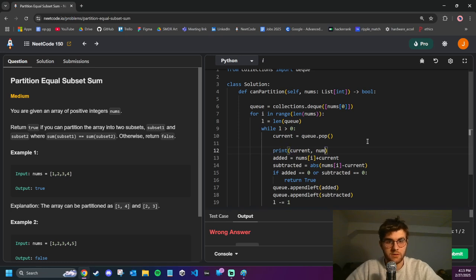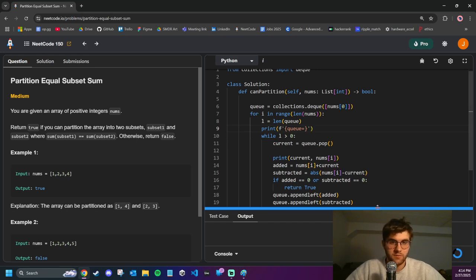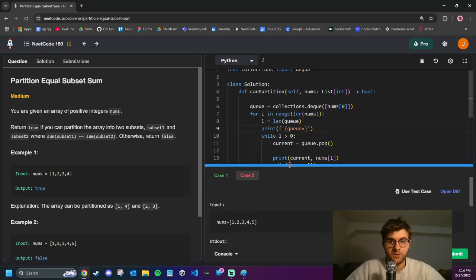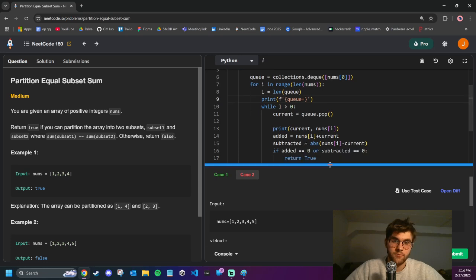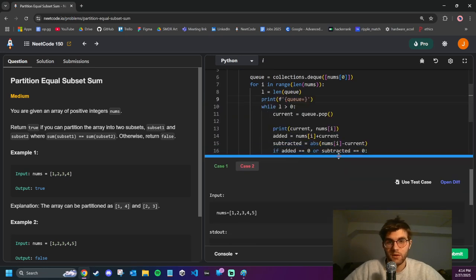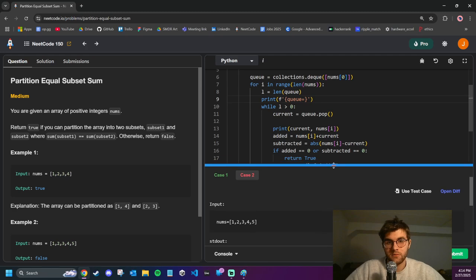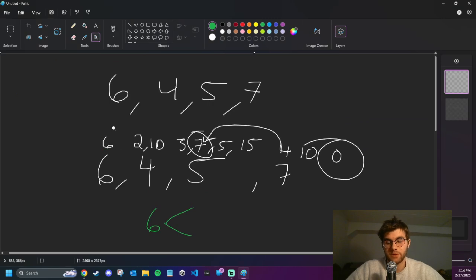Print current and nums of I. Actually, let me print Q also. Q is 1, 1. So it's saying 6 minus 6.